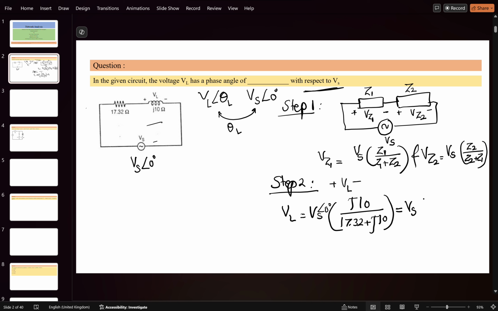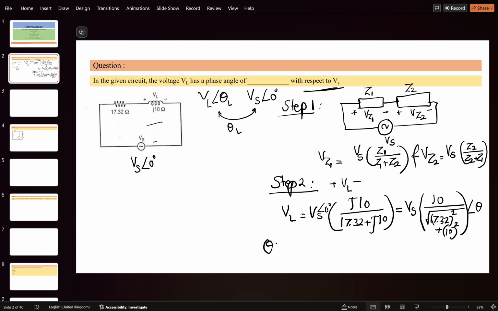What magnitude will it come to? It will come out to be 10 over root of 17.32 squared plus 10 squared. What will be the angle? Suppose I am writing here theta.